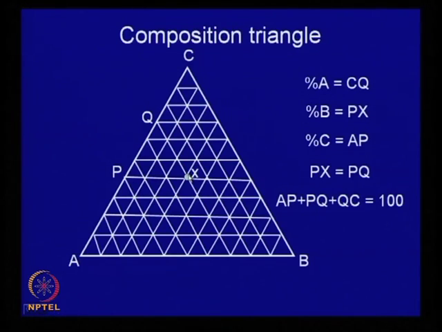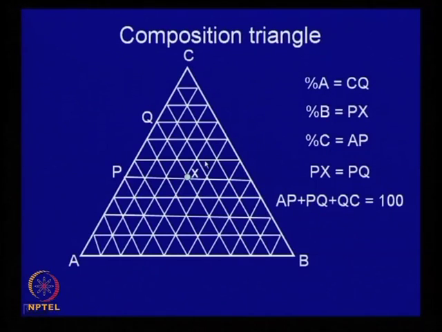You check from here: 0, 10, 20, 30. Now, how much is C? A and B make 60, so C should be 40. Let us check by reading from here: 0, 10, 20, 30, 40. That means you add up all and you get 100.